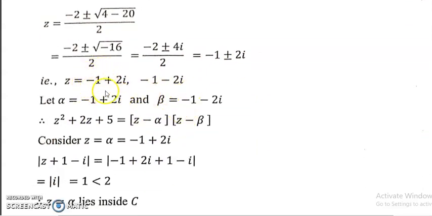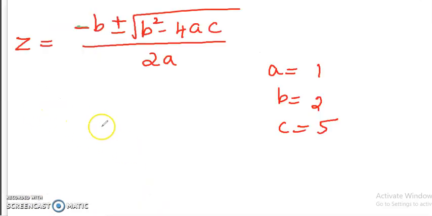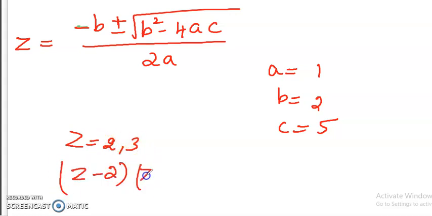Now I take the first z value as alpha and the second z value as beta. So the given quadratic equation can be written as (z - alpha)(z - beta). Because whenever we have two roots, for example, if z is 2 and 3, we will write (z - 2)(z - 3).